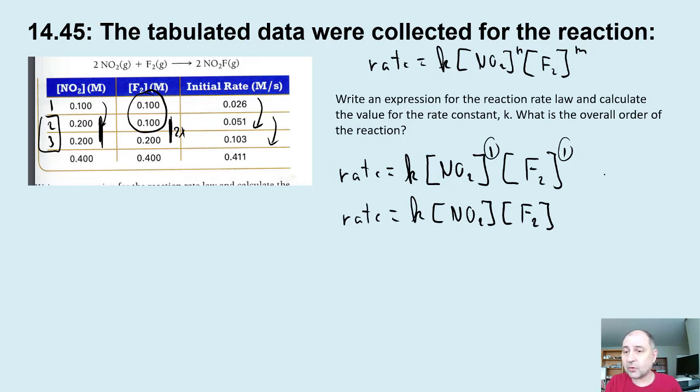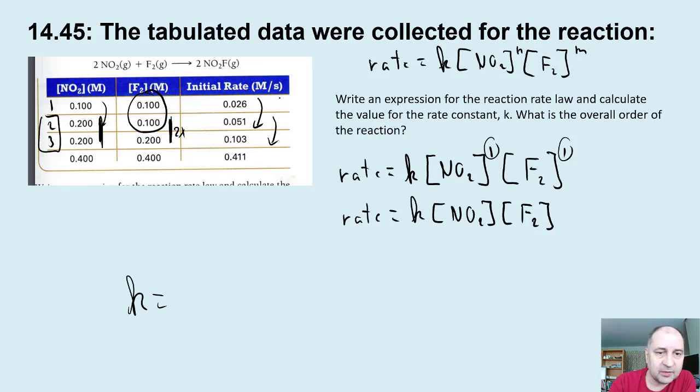And then it's of course always asking for the rate constant here. What is the overall order of the reaction? It's not asking for it, I guess, but you can solve for K if you wanted to. Again, all you have to do is plug in one set of data. K is going to be equal to the rate.